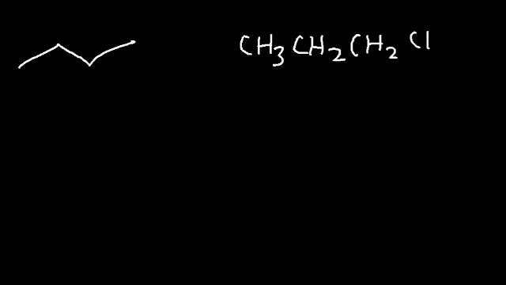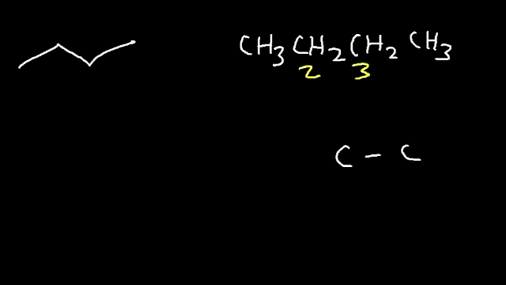So now let's talk about Newman projections. Let's draw the Newman projection for butane. Butane has 4 carbons, and it's CH3, CH2, CH2, CH3. Now let's draw the Newman projection along the C2-C3 bond. So that's along these two carbon atoms. Let's draw those two carbon atoms first.